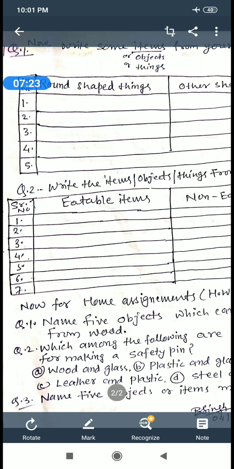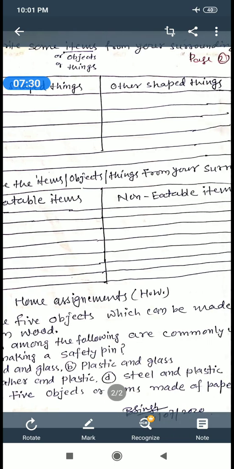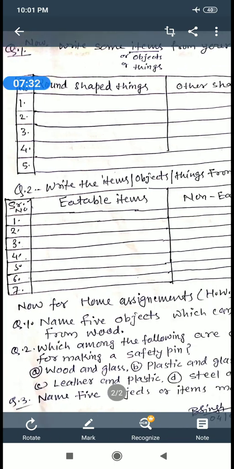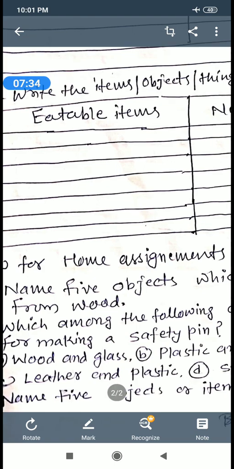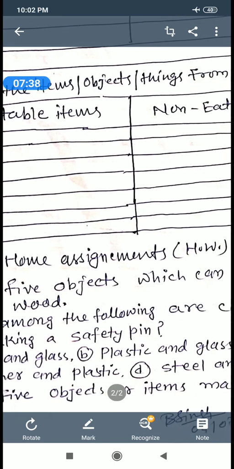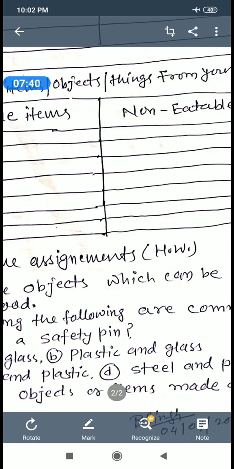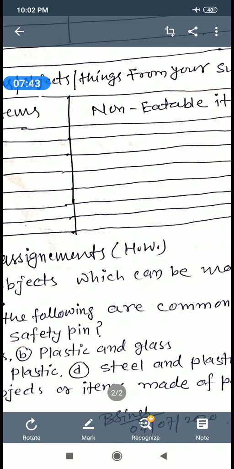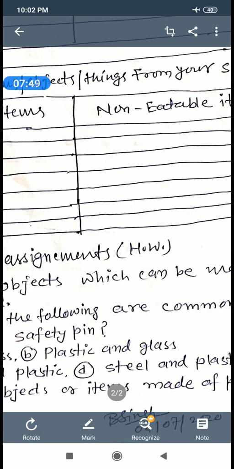A. Wood and glass. B. Plastics and glass. C. Leather and plastic. And the fourth one, D, is steel and plastics. Only one is the most appropriate answer for question number 2.